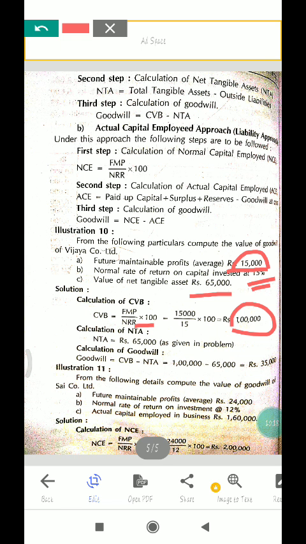Net tangible assets is rupees 65,000, as given in the problem. The final step is to calculate the value of goodwill. Goodwill is equal to CVB minus NTA, capitalized value of business minus net tangible assets. We have already calculated the CVB as 1 lakh rupees, minus 65,000 NTA. So the value of goodwill is rupees 35,000. Is it clear?